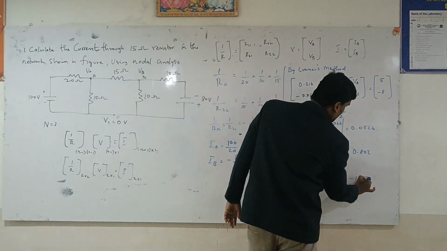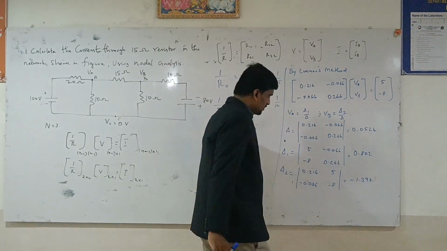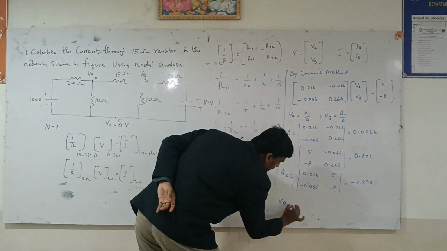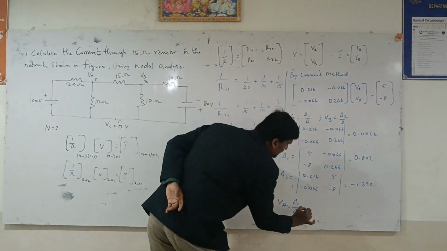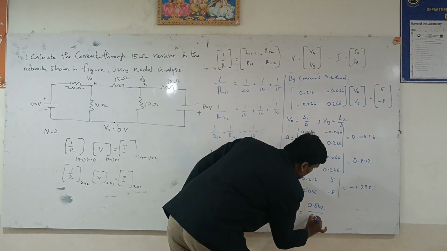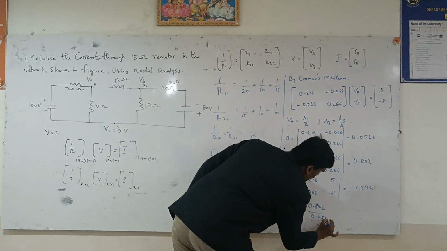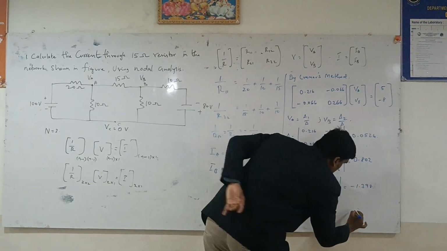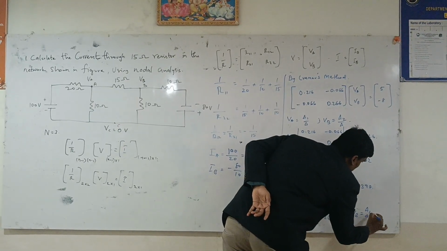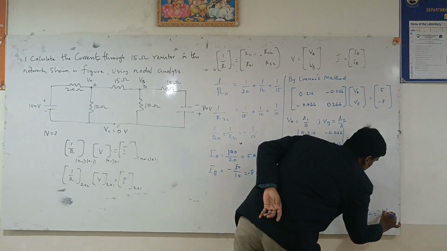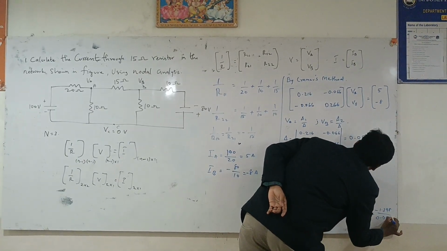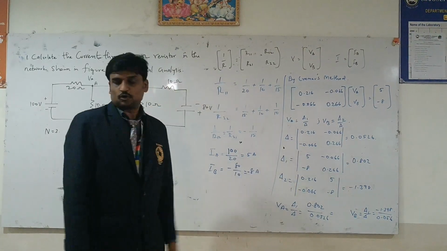So we can find VA and VB. VA will be equal to del 1 divided by del, which is 0.802 divided by 0.0526, and VB is equal to del 2 divided by del, which is minus 1.398 divided by 0.0526.